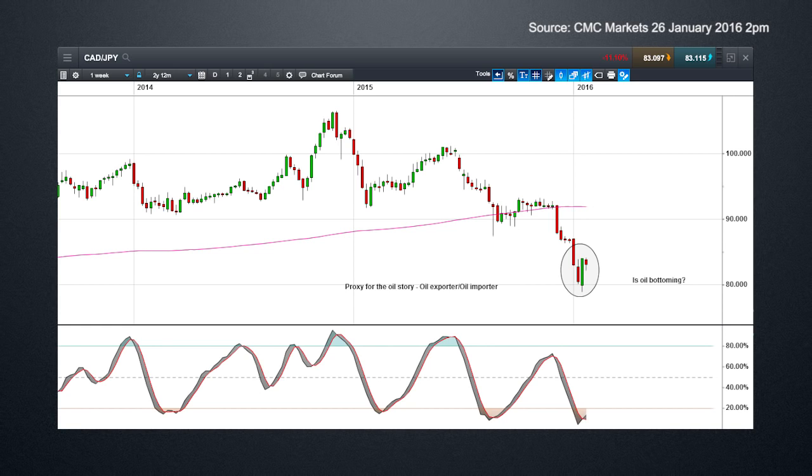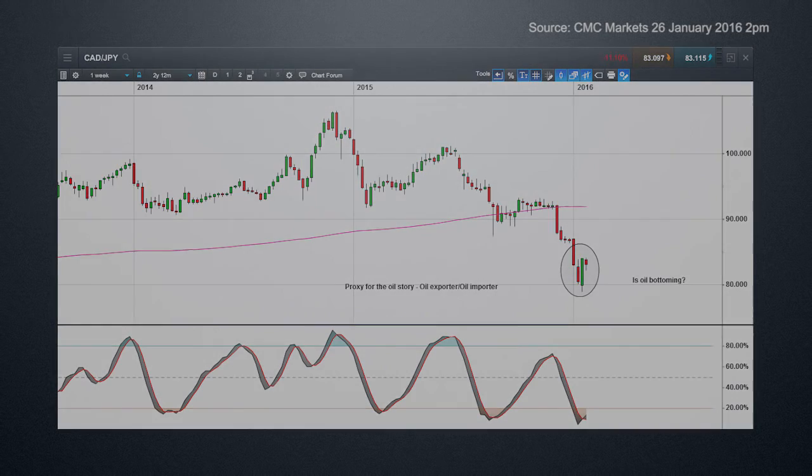They still need to be confirmed, and what we don't want to see is a move back below the lows that we saw last week, but the oscillator is starting to look as if it's about to turn higher, and that could well suggest not only a significant rebound in the Canadian dollar, and that's significant in the context of its performance against the US dollar with the FOMC tomorrow, and a dovish FOMC could have the side effect of pushing the Canadian dollar higher, but also in the context of a significant rebound in the oil price.